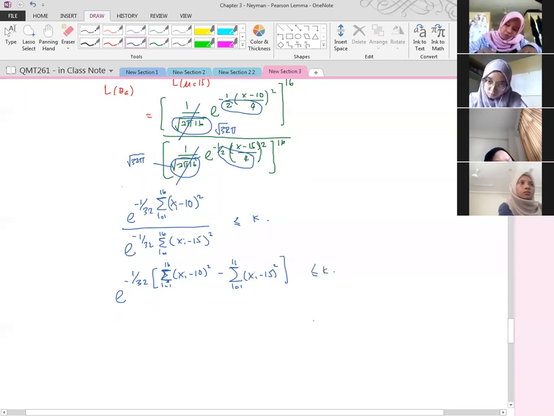So now the equation becomes harder. We can solve this problem by expanding the square.